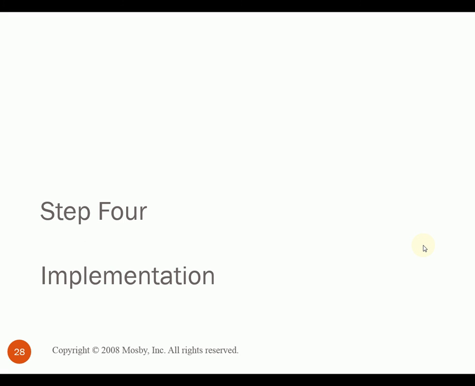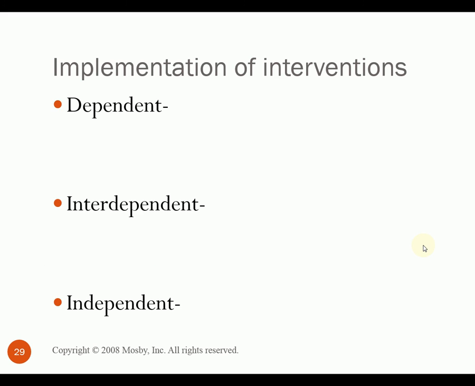Step 4 is implementation. Implementation of the interventions can be either dependent, interdependent, or independent. Dependent is if it's nurse initiated, interdependent is physician initiated, and then independent is collaborative, where the patient and the nurse work together, and the patient independently decides, with the nurse's help, that this is what she wants to do with her evaluations.